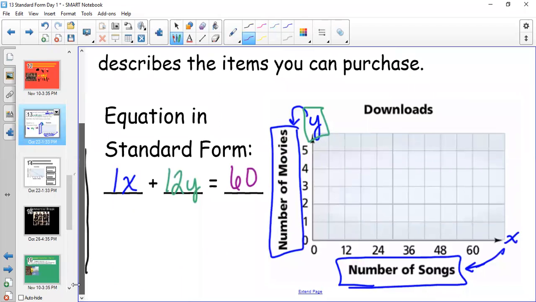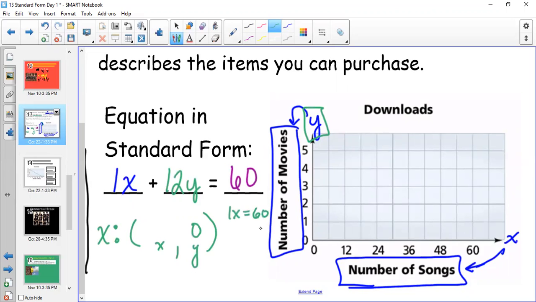Okay, so we are going to be able to graph this. We need to find, just like on the other problems, our intercepts. So if I'm finding my x-intercept, I know that my y has to be 0. Okay, so if I solved that equation, I would have 1x equals 60. So x must be 60. So I'm going to go ahead and put that point on my graph. On my x-axis, put a point at 60.